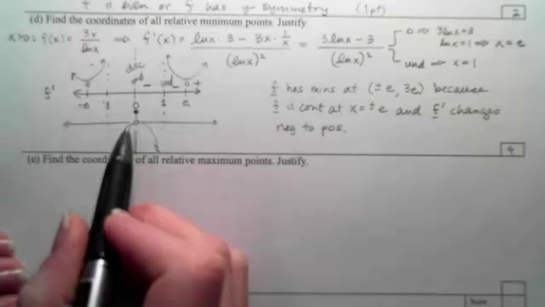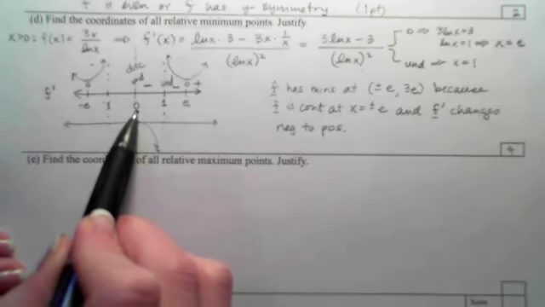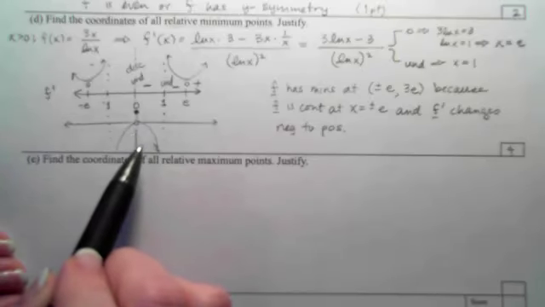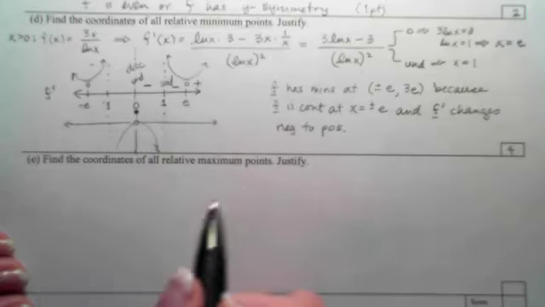So if we look at our picture, we can see that we have a relative max here, but our normal conversation about slope and the change of sign in F prime is not going to be effective here because the function is not continuous. So in this case, we're going to have to make an argument based on the y coordinates.